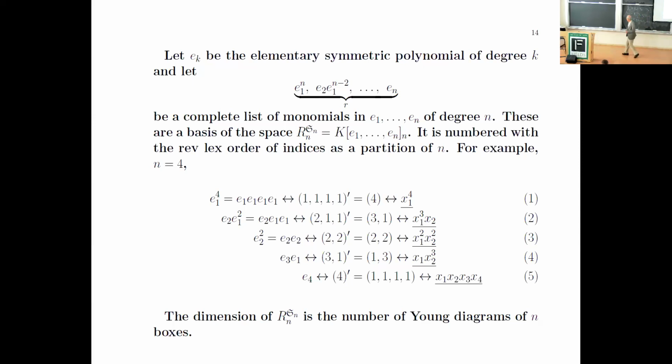For this space, which might be called symmetric coinvariant algebra, it is indexed by the Young diagrams. This dimension is the number of Young diagrams of n boxes.